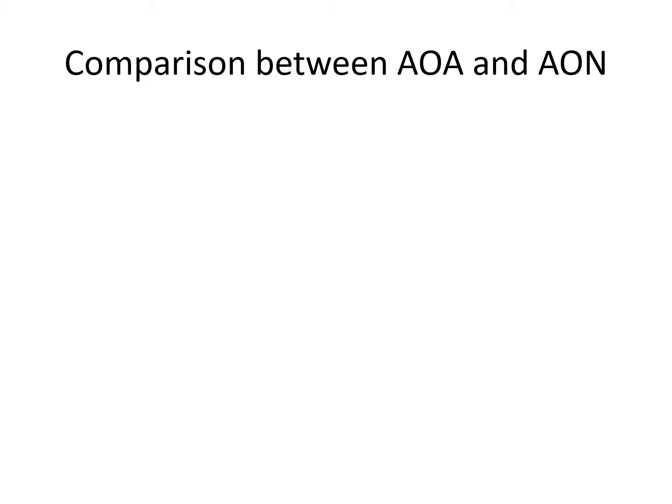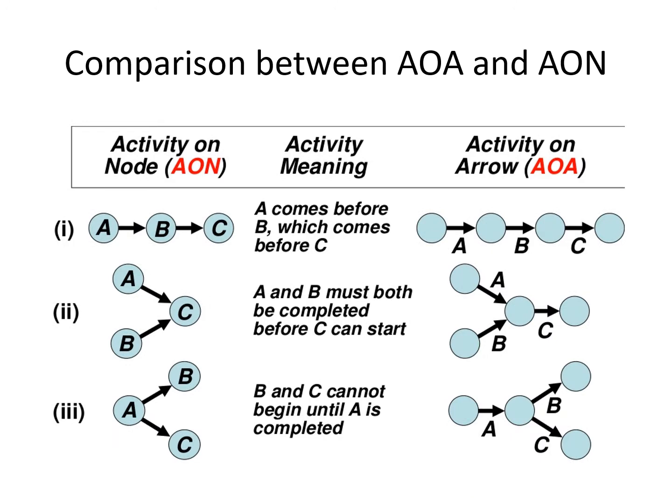So if you were to compare the two, how they look is as follows. If you look at AOA, this is what we're going to focus more on, because in this particular textbook, this is the technique which is followed, whereas AON is not followed. However, for us to understand AON, I should be briefly touching on what this AON is.